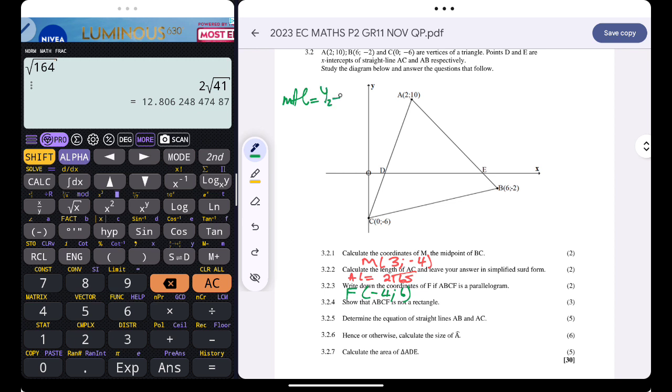Simply say y2 minus y1 over x2 minus x1. This will give me the y value at A, 10, minus the y value at C, negative 6, all over the x value at A, 2, minus the x value at C, 0. This will be 16 over 2, which will just give me 8.